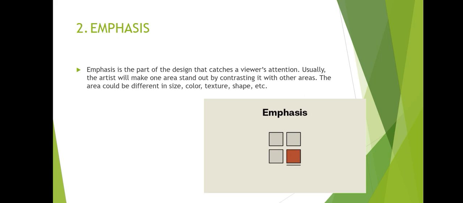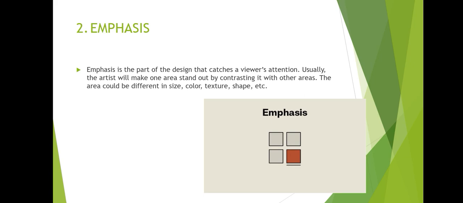When it comes to emphasis, if there is something we need to emphasize, we give focus to it so that the audience can easily recognize what the artist wants them to focus on.